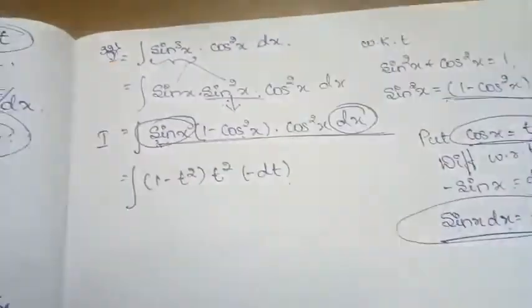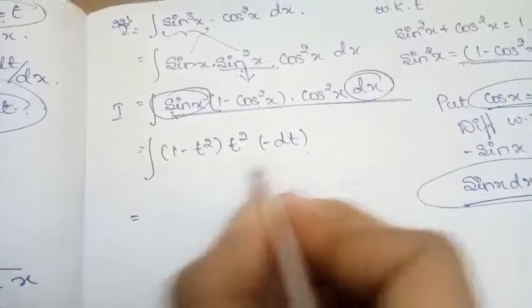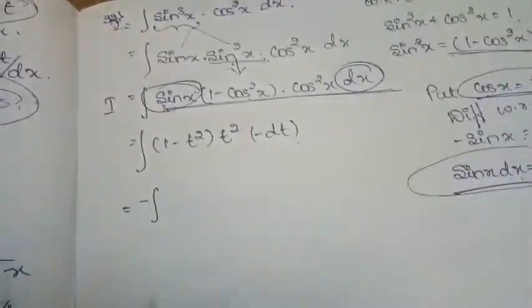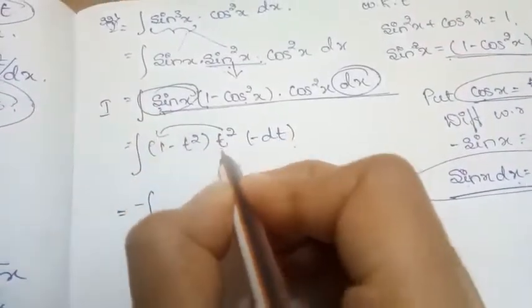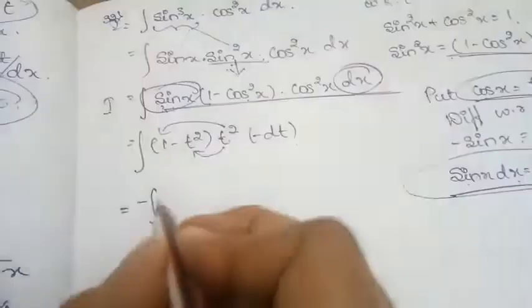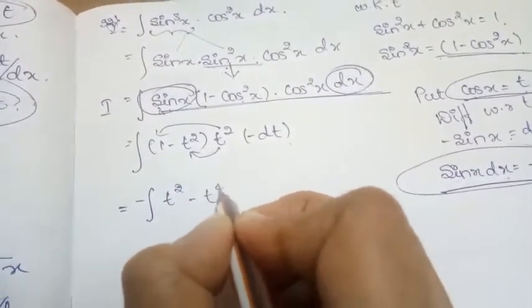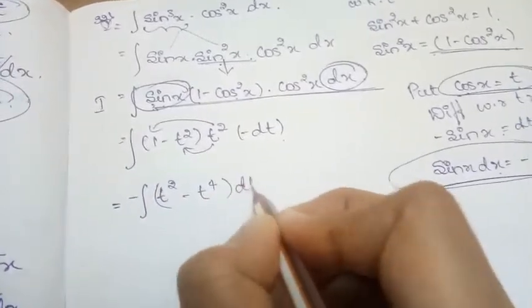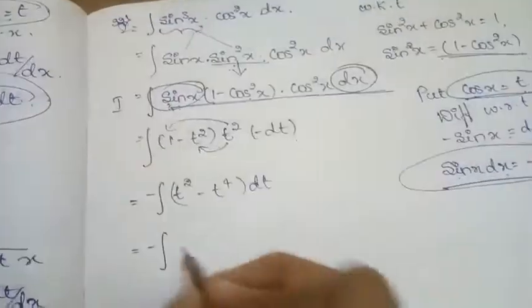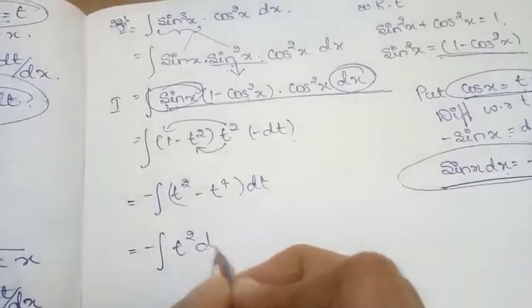Now we got all these things. I am bringing that minus outside the integral and multiplying this t square to both the terms, so it becomes t square minus t to the power 4 dt.